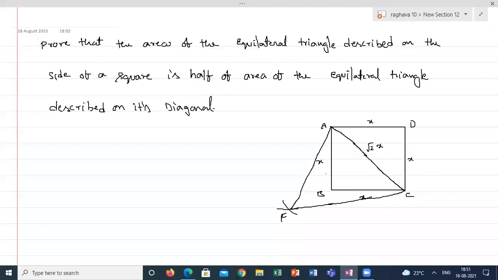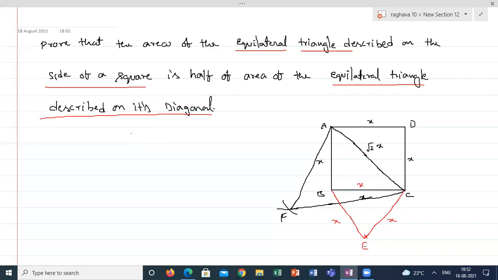So the triangle AFC is an equilateral triangle described on its diagonal. Same as if I am taking exactly the length of x, my BCE is the equilateral triangle described on side BC. So the equilateral triangle described on the side of a square is half of the area of the equilateral triangle described on the diagonal.